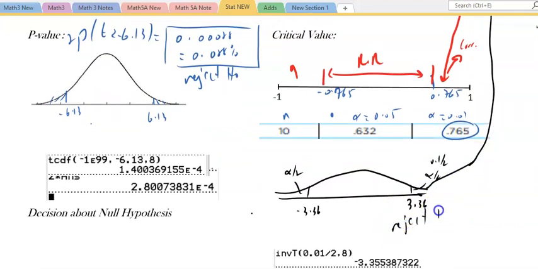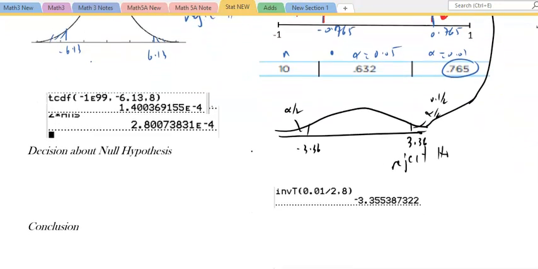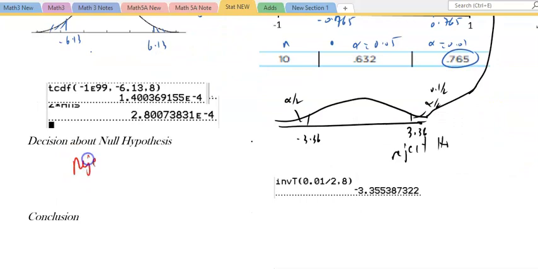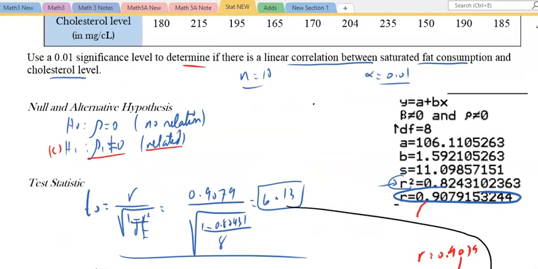So we reject the null hypothesis. Well, I shouldn't have said rejection, I should have said no correlation, correlation. So we reject the null hypothesis, meaning there's a relation. A relation means not the null hypothesis. So what do we say?